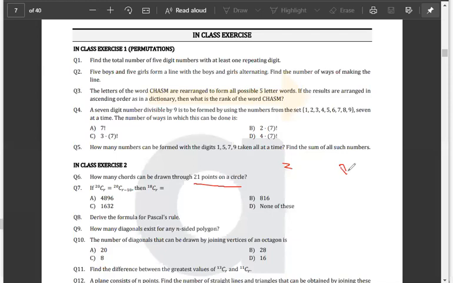So in order to draw a chord, you have to choose how many points from how many points? You have to choose two points out of 21 points. Yes or no? Think about it. So what should it be? It should be 21C2, right?